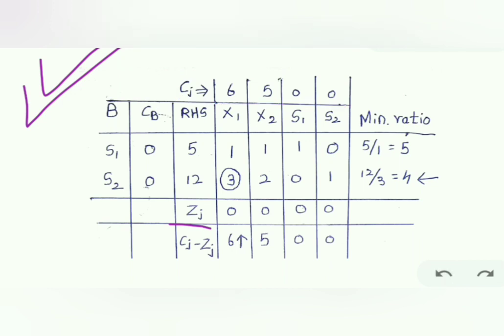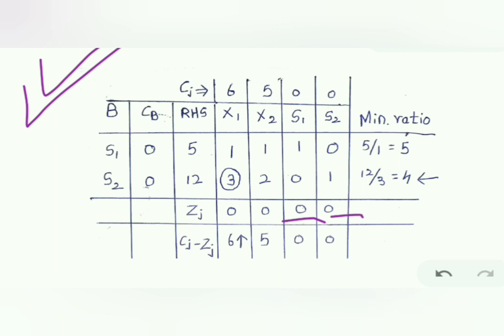So let's start finding Zj. Multiplying CB with x1: 0 multiplied by 1 plus 0 multiplied by 3, it would be 0. Again the same thing: 0 multiplied by 1, 0 multiplied by 2, if we add both of them it is 0. Again 0 multiplied by 1, 0 multiplied by 0, add them, 0. Similarly this also we will get 0.